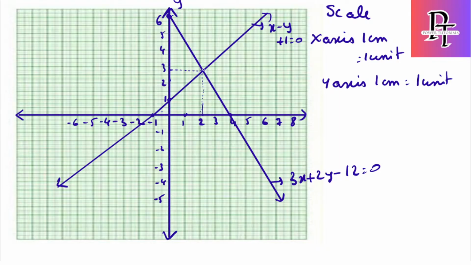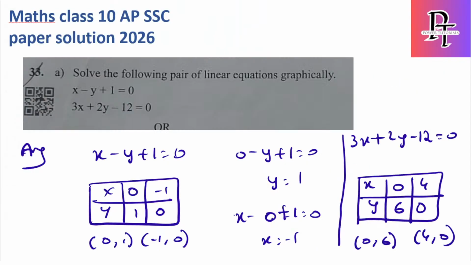If you draw it properly, I think you will get the point as this is 1, this is 2, this is 3. I tried to do it free hand, but let me check with the normal solution, using the elimination method, then you will get the faster solution.